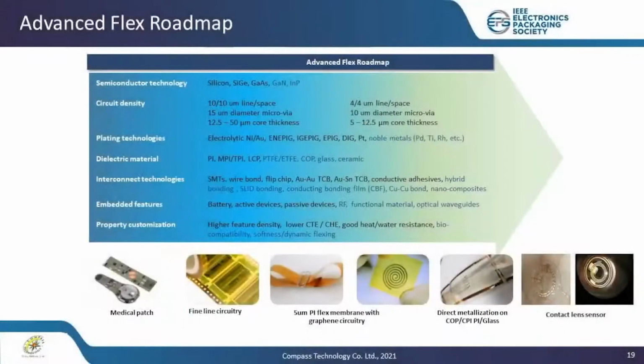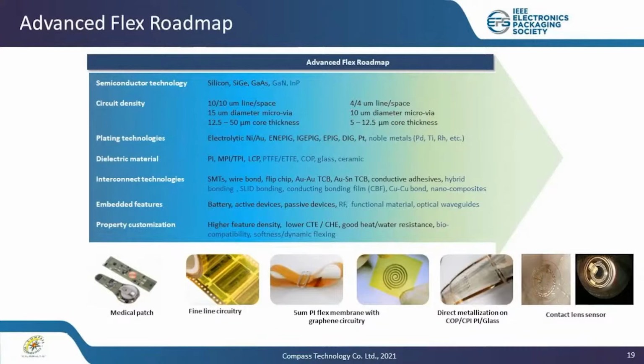We would also like to show you the future roadmap of advanced flexible circuits. For further miniaturization, the flex circuit always demands more fine-line technologies as well as tight tolerance on the multi-layer circuitry. Thinner dielectric down to 5 micron PI core is also required to sustain the reel-to-reel handling. For plating technology, nickel-free and noble metal plating are on the way to go for biosensor applications.